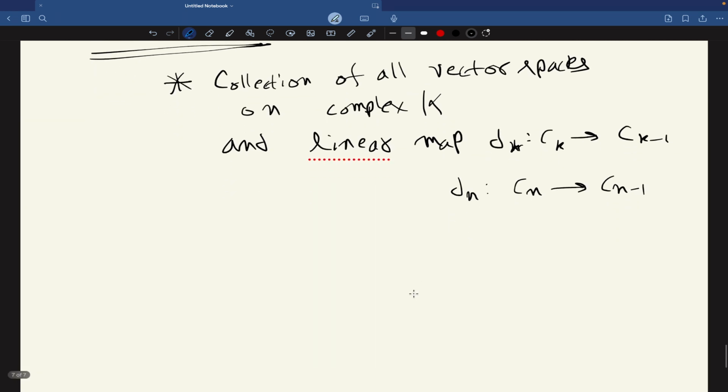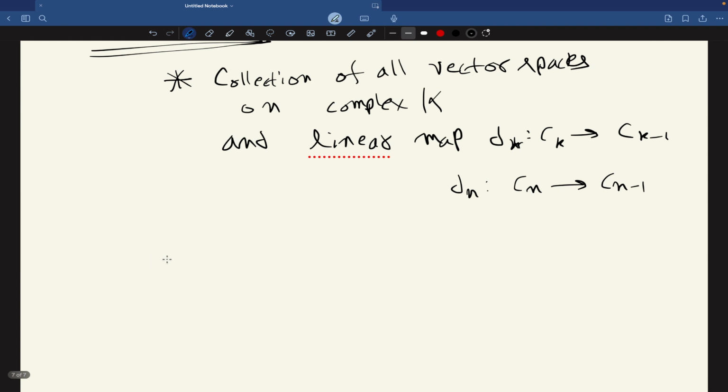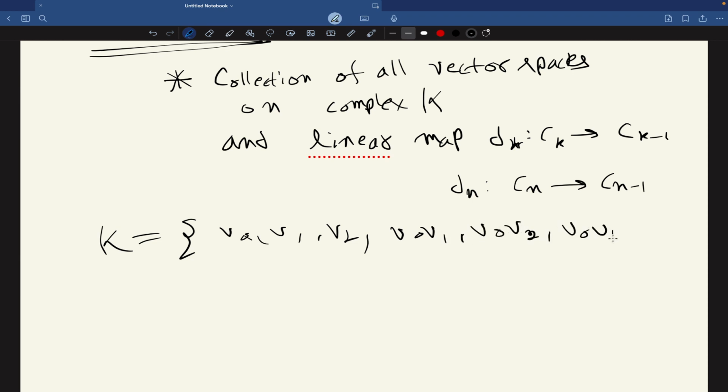In our chain complex we start from the biggest vector space. So if the complex is something like this: v0 v1 v2, then v0 v1, v0 v2, v1 v2, and the vertices.